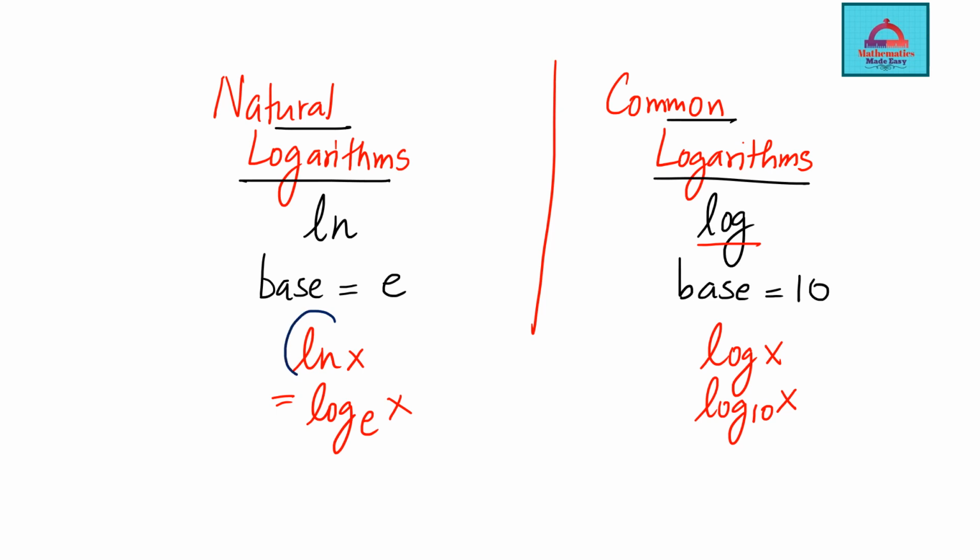If you see ln written in some question, you will identify it as natural logarithm, and if you see log written or with base 10 written, it is common logarithm. So now in this session, we are going to be working on natural logarithms and we will use the same formulas that I gave you in the last video to convert a natural logarithm into exponential form and exponential into natural logarithmic form. So let's get started.